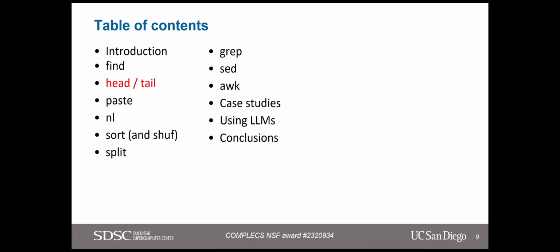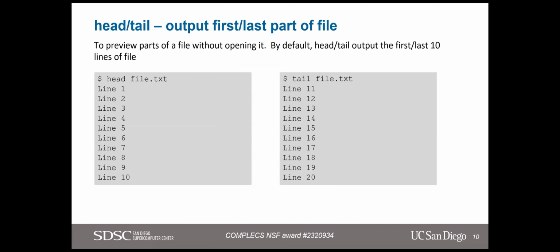The next tools we're going to talk about are head and tail. Head and tail are commands that are going to allow you to preview parts of a file without opening them. This is often very nice because we can search hundreds of files without opening. Opening a file takes a couple of keystrokes, and opening and closing takes time.